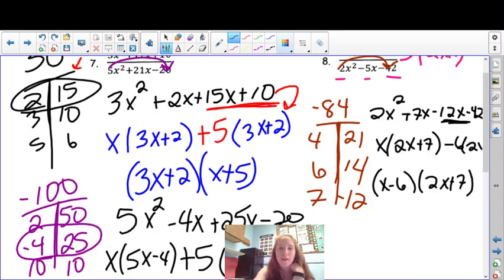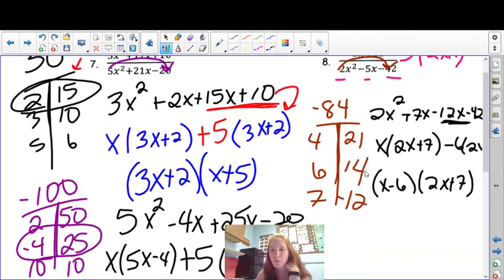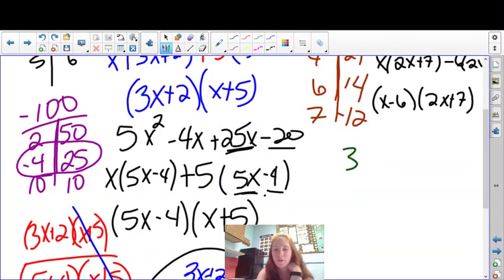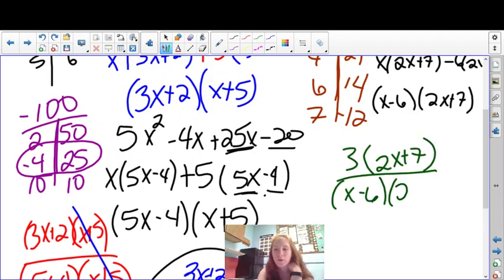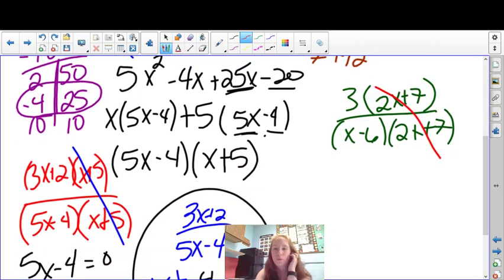So let's go ahead and continue working through this problem now that I have the factored form. So I have 3 over 2x plus 7 over x minus 6 times 2x plus 7. I can cancel out the 2x plus 7s, so I'm left with 3 over x minus 6.